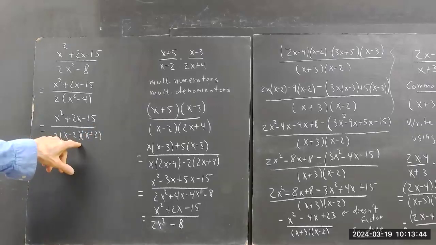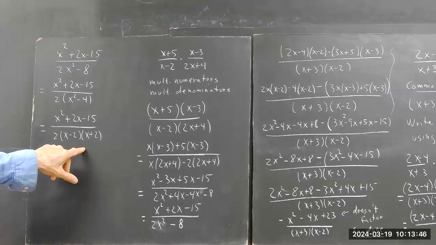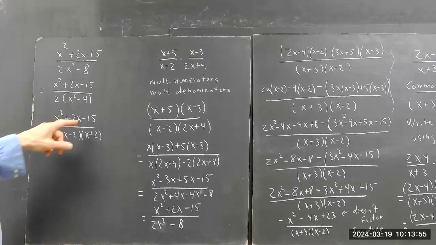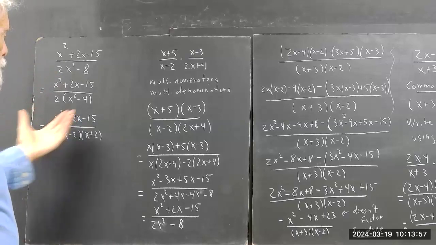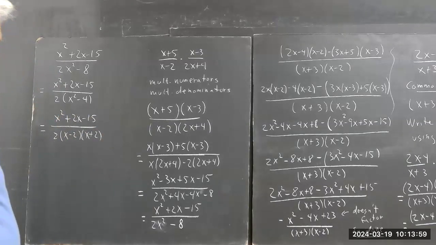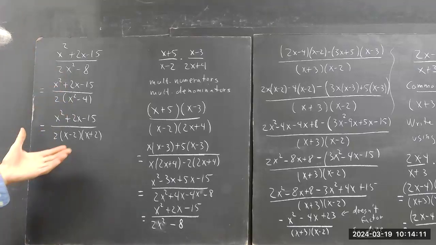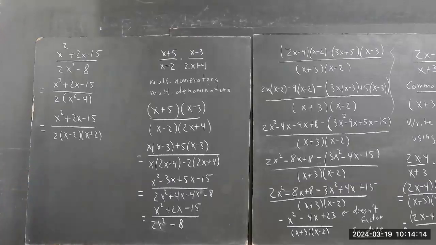So the denominator actually splits back into 2 times the quantity x minus 2 times x plus 2. But the numerator doesn't factor over the rational numbers. You're going to end up with a square root of 19, among other things, if you try to factor this. So you're pretty much done.